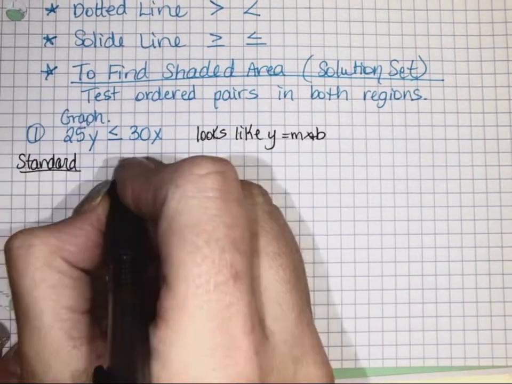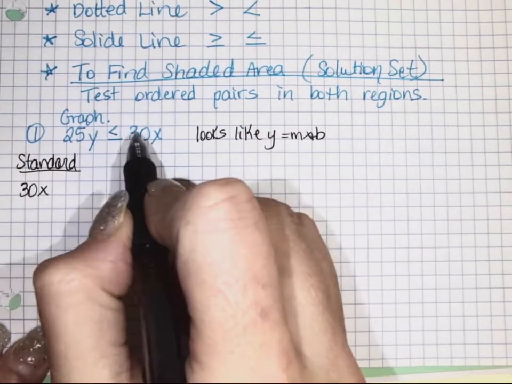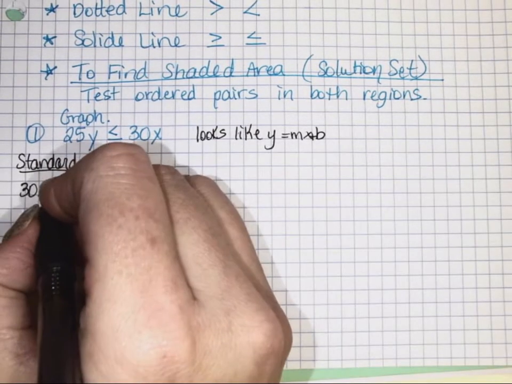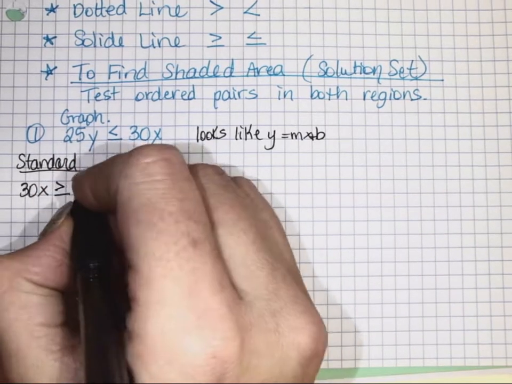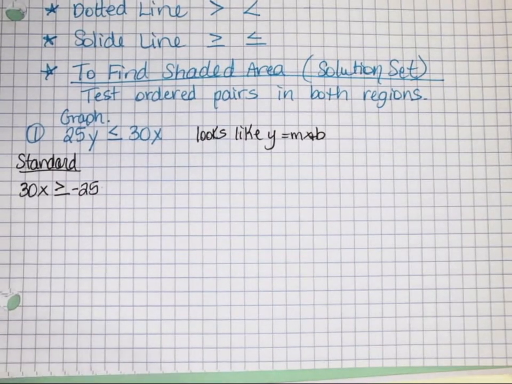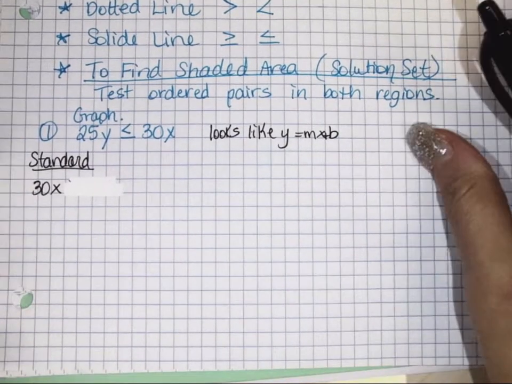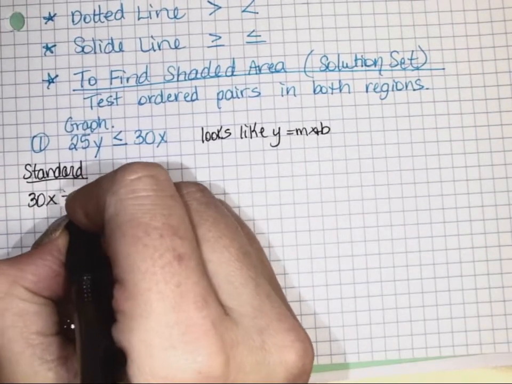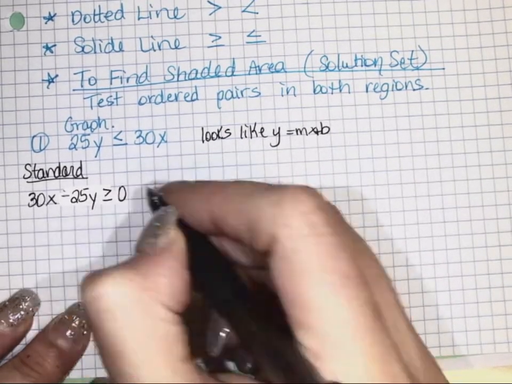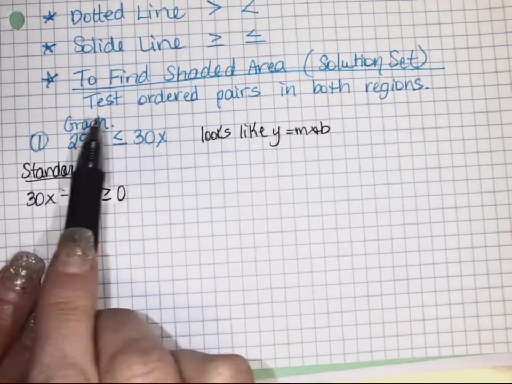So in that case, I would move 25y over and say 30x minus 25y is greater than or equal to 0, since the sign is opening up towards 30x.